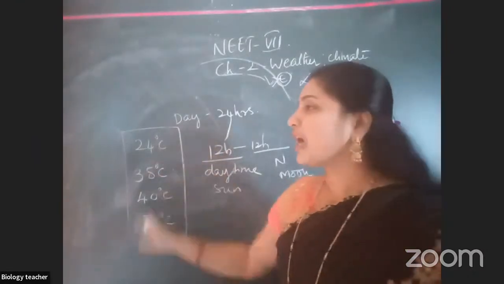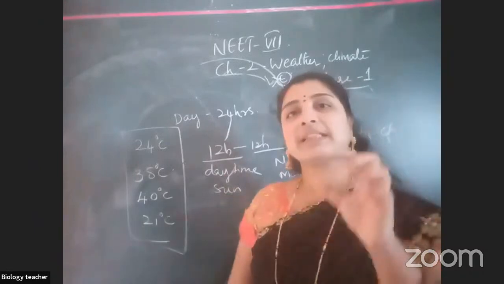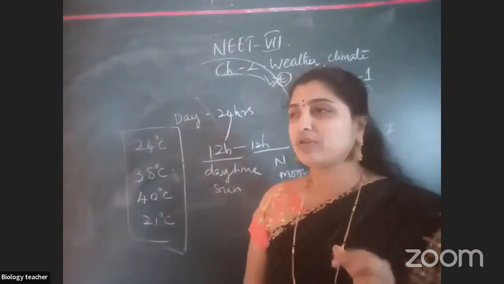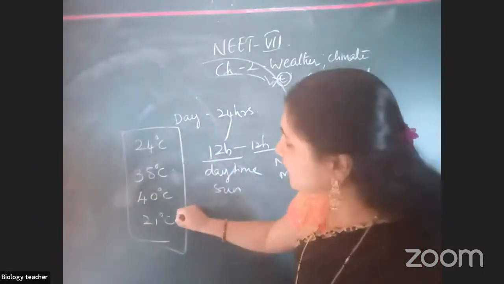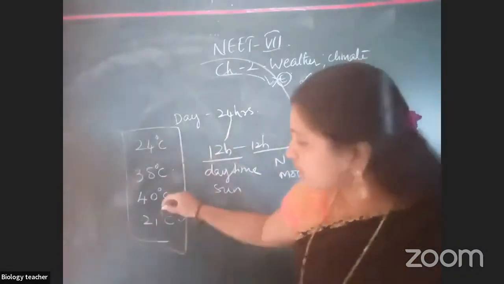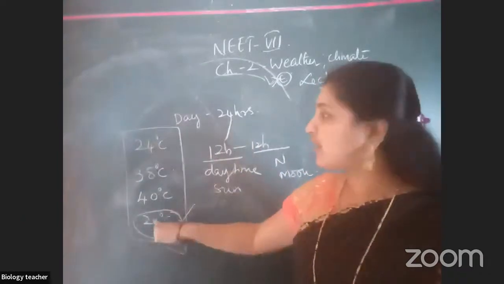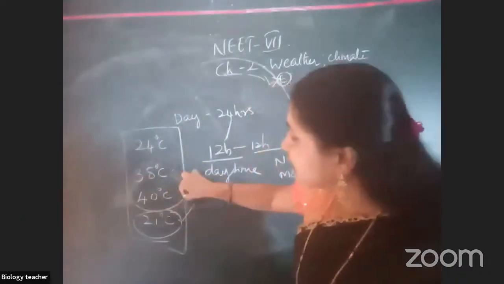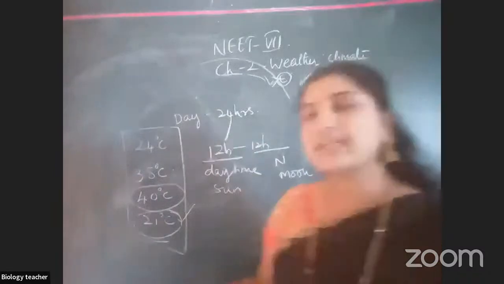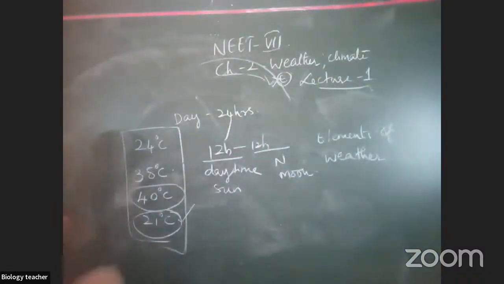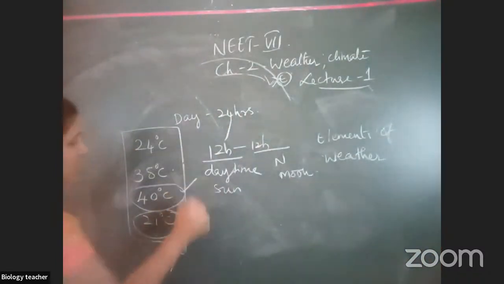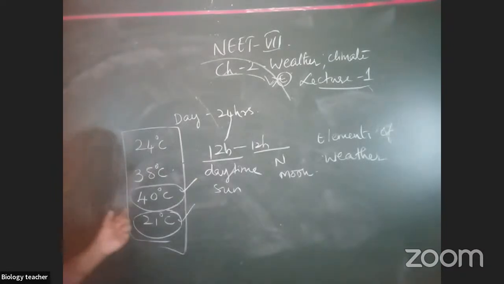So from all this reading, the least temperature we have to take. What is the least here? 21. Lowest is 21 and then the highest is 40. So for this day, the minimum temperature recorded is 21 degrees and the maximum temperature recorded is 40 degrees Celsius. Make a table like this.